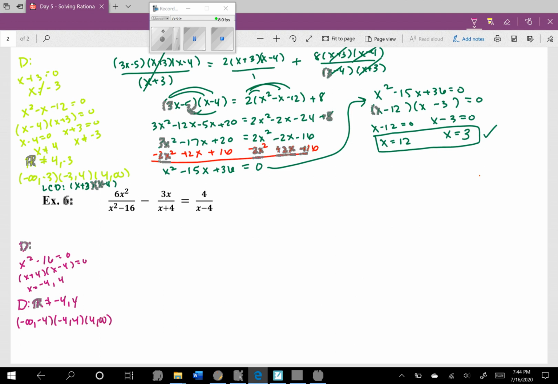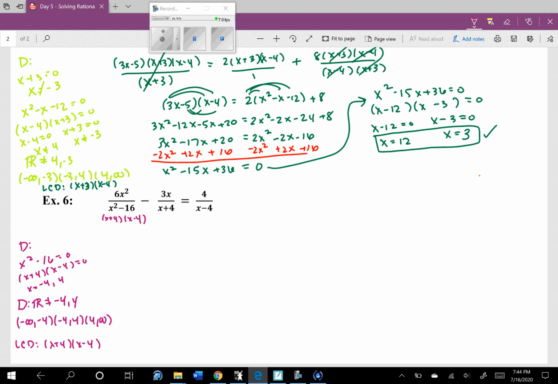And if we go ahead and find the LCD of all denominators, remember this was x plus 4 times x minus 4. We have 1 here and here, and 1 here and here, so that would be x plus 4 times x minus 4 for the LCD.